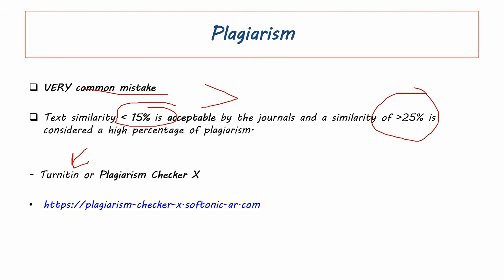Okay, you can use any software for plagiarism, for example Turnitin or Plagiarism Checker X. Turnitin needs institutional access, and Plagiarism Checker X is a free website. Just Google Plagiarism Checker X, then you will download it for free, and you can use this software to know where the text similarity is, and then you will change that.